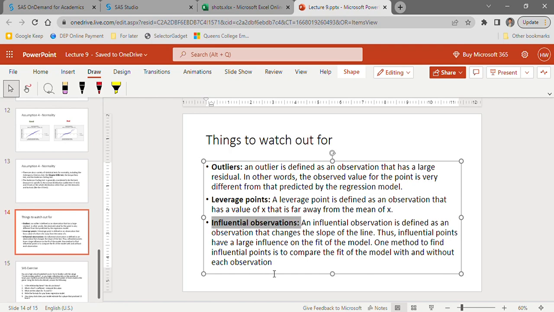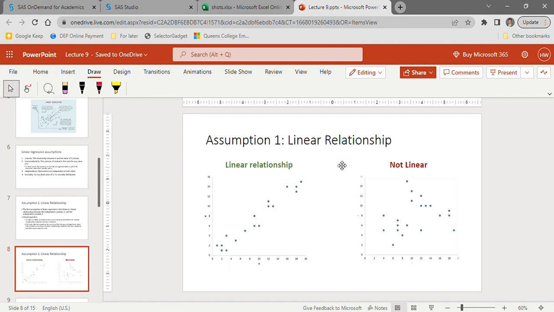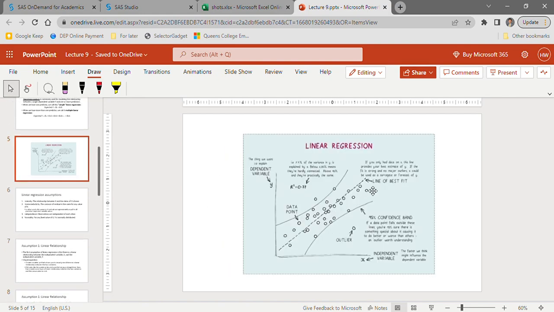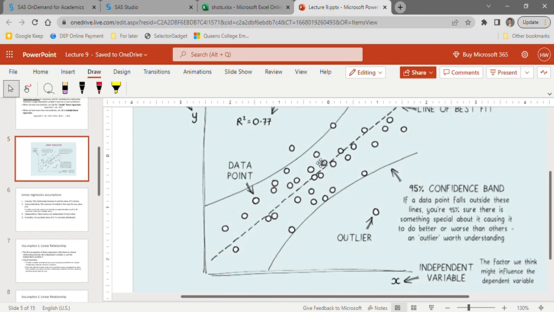These items essentially go, you may have a linear relationship like this or like this, but then you may have a point that's really, really far out. And if you take a look at this point right over here, and let me zoom in, that is your outlier because it's way outside. And because this is here, this drags your line of best fit a little bit lower, right?